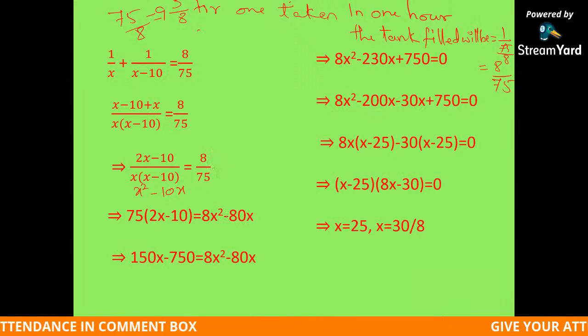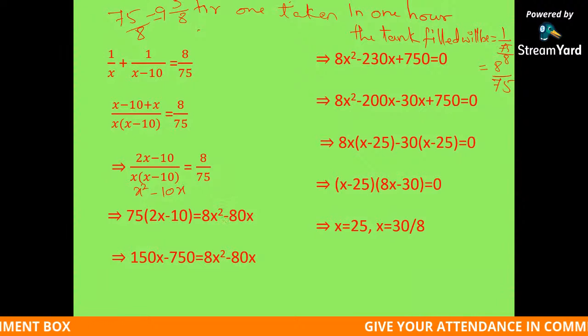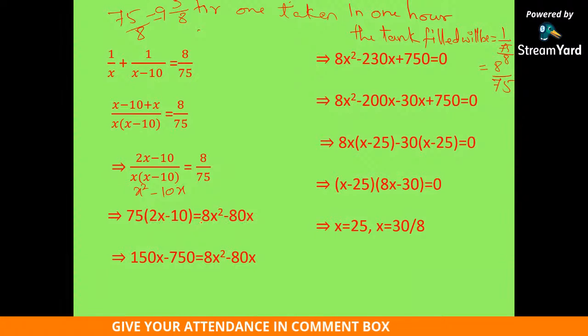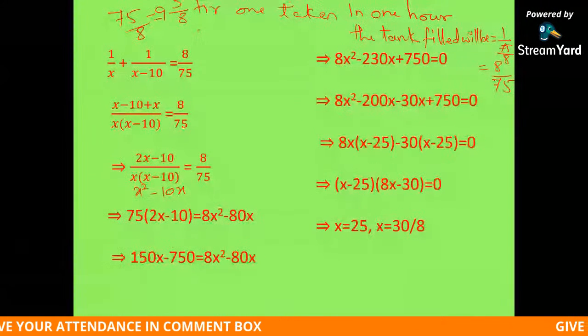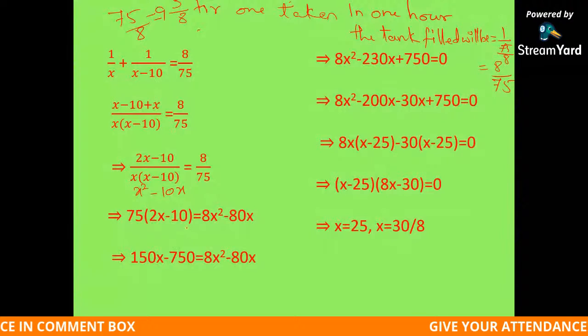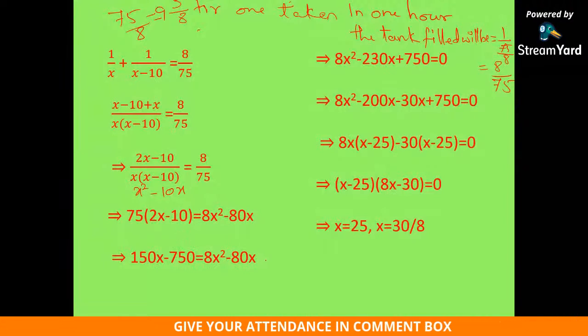If you bring it to the other side, it will become 8x square minus 80x. Here it is 75 into 2x minus 10. If you open the bracket, 75 into 2x is 150x, minus 750, is equal to 8x square minus 80x.